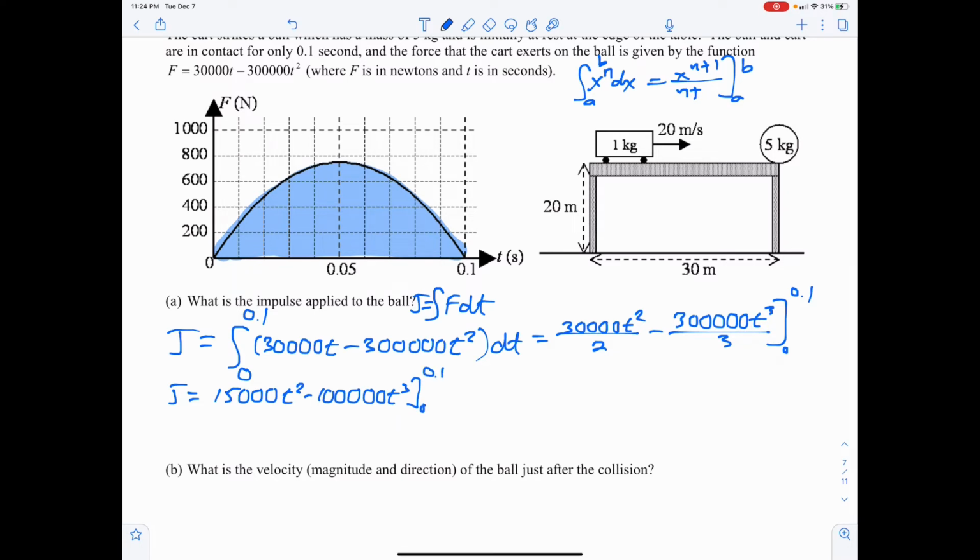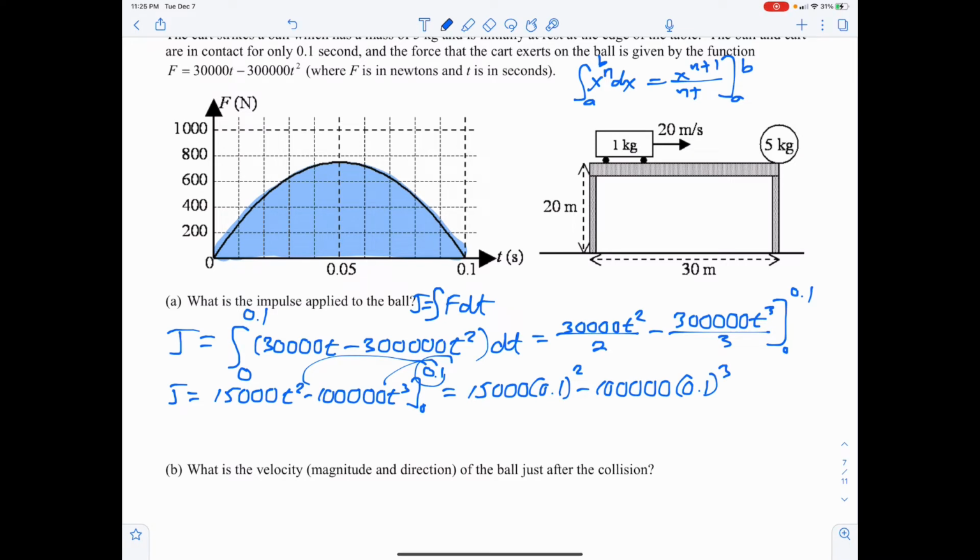So plugging in our values, we plug in 0.1 first, and then we plug in 0 second. When you plug in 0, it's just going to cancel out, so you're only really going to be plugging in the first part. So we get 15,000 times 0.1 squared minus 100,000 times 0.1 cubed.